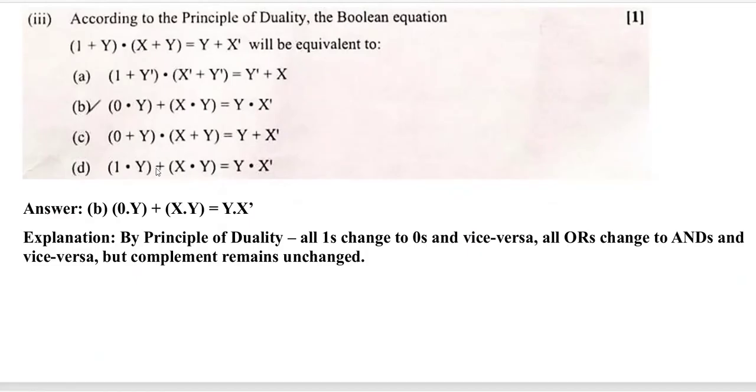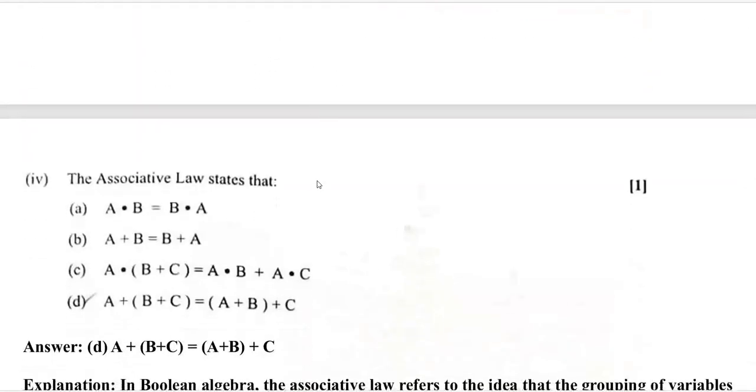Hence, 1 will be replaced by 0, plus will be replaced by dot, y remains as it is, again dot is replaced by plus, x remains same, plus changes to dot, y remains same. Finally, on the right side, y remains same, plus changes to dot, x bar remains same. So the answer is option B. Let's move to the next question.